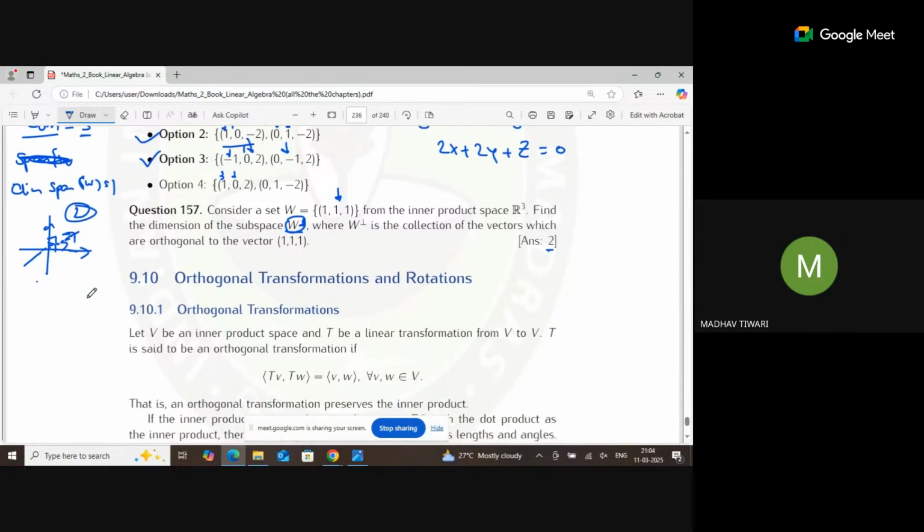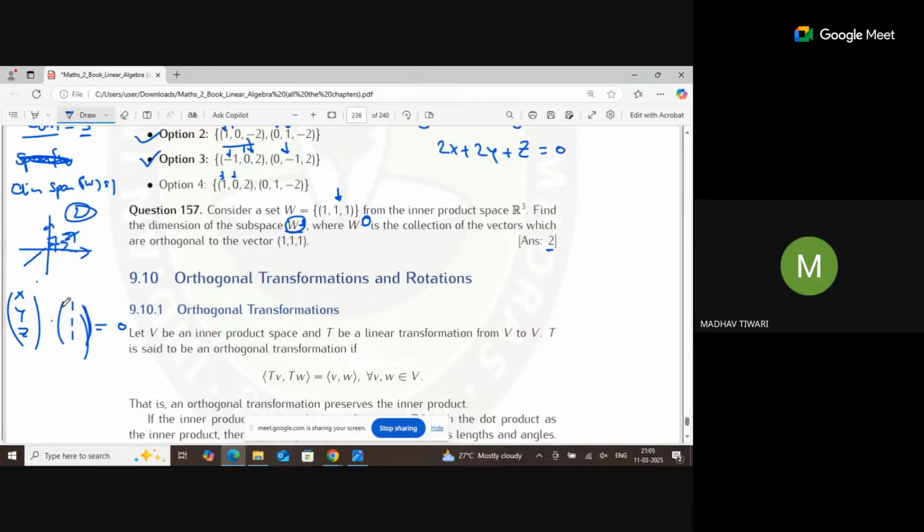Or one way is this, if you want to use the linear algebra method: which vectors are perpendicular, whose dot product with this will be 0. Suppose I have all the vectors x, y, z. If I do the dot product with this 1, 1, 1, and it is equal to 0, then I will have all that space.